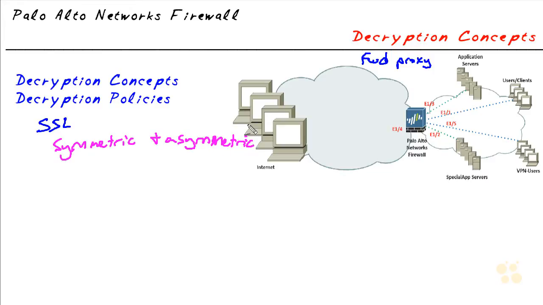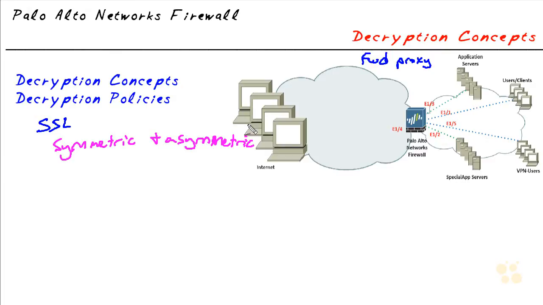With asymmetric encryption, we have key pairs, basically meaning that each side has something different than the other one. If I have symmetric encryption, we both have the same thing, like a pre-shared key, a common password, a standard password.